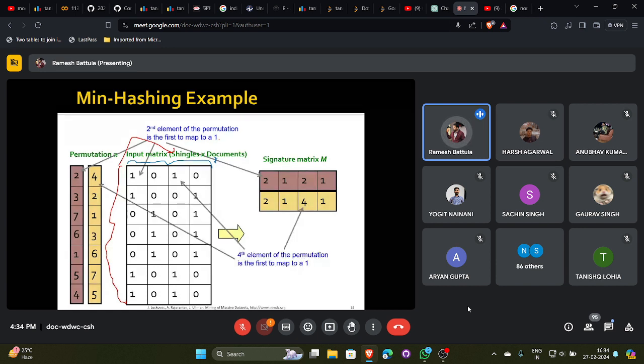Next one, you need to observe. The fourth element of the permutation is the first to map to A equal to 1 over here. So these are the random permutations, and accordingly the signature matrix comes over here. Then you go for the next one.